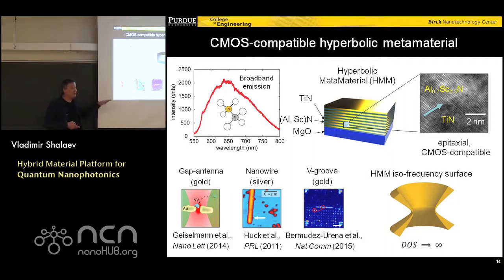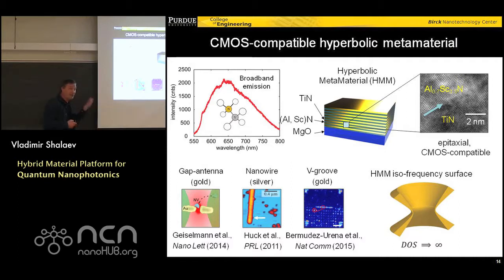So as long as my material is hyperbolic, meaning acting as a conductor in the XY plane and as a dielectric in the Z direction, so that the isofrequency surface is described by this hyperbolic surface, you have this very high density of states. And there is no resonance, meaning that it could be fast, and also no resonance means you don't have to have losses, because every time you have a resonance, you have resonant losses.